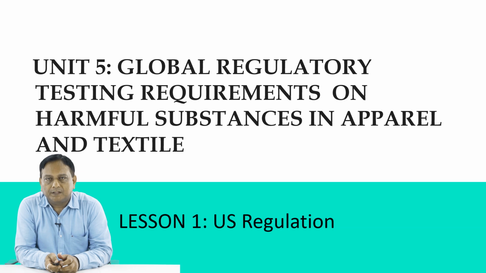And also we will see the different state regulations in the US, and how the regulation varies, because the majority of the exports from India and neighboring countries go to the US. So we will focus on US regulations and what regulations we should follow while doing the export.